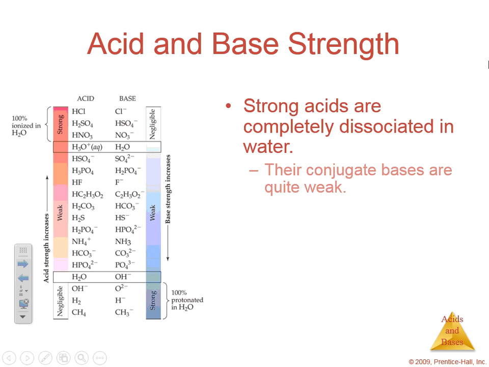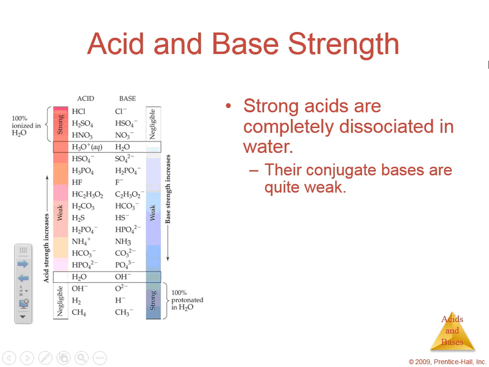Acids, bases, and strengths of acids and bases. We have weak acids, strong acids, and organic acids. Keep that in mind. Remember, there are the 7 strong acids that we need to always remember.